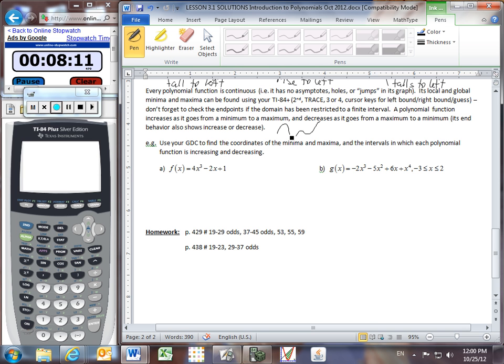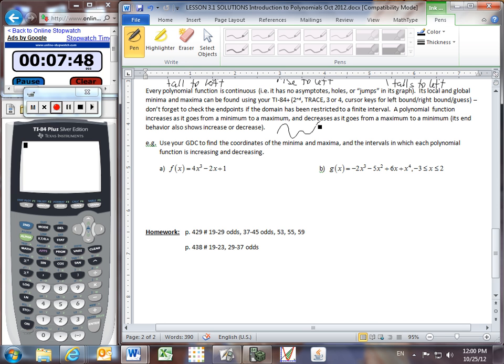And in fact, every time that you have a global minimum, it's also known as a local minimum because compared to its surrounding points, it is smaller. Similarly, this over here would be both a global and a local maximum. So in fact, every global max or global min is also a local max or local min on a polynomial function.